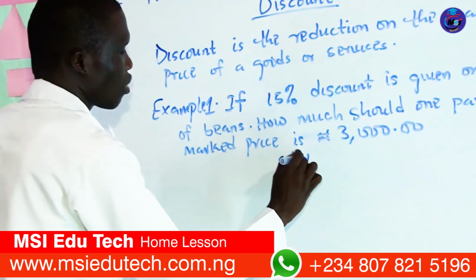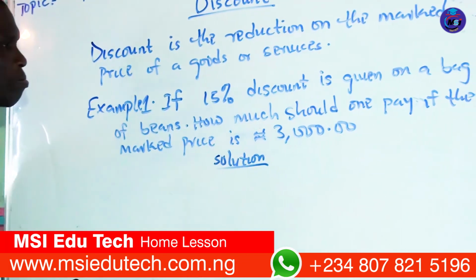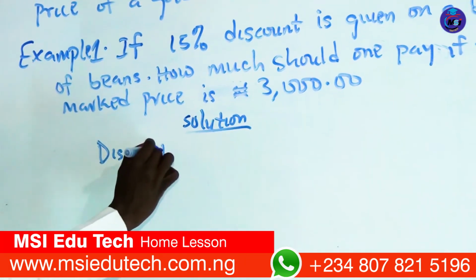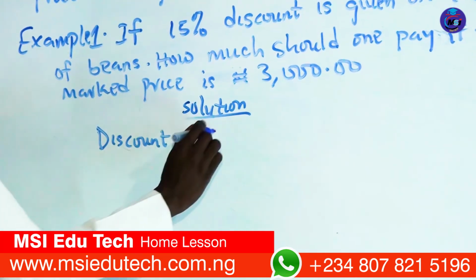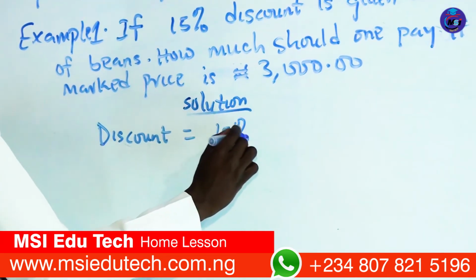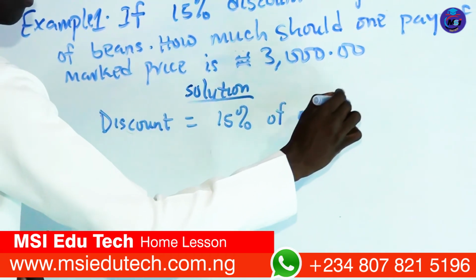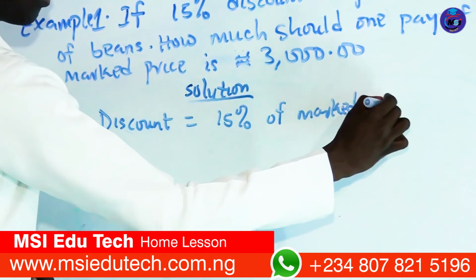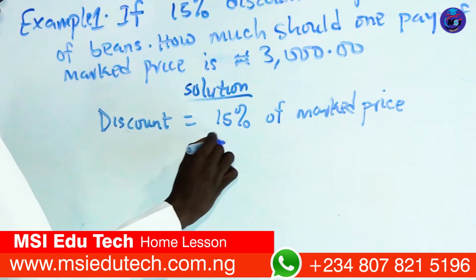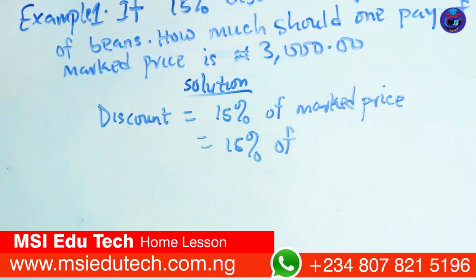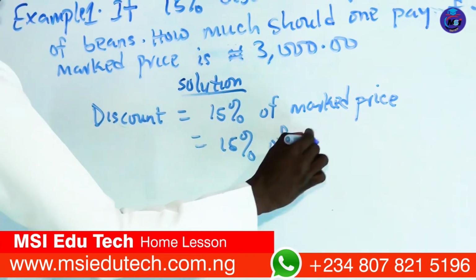Solution. Discount equals 15% of mark price. So 15% of, what's our mark price? 3,000 naira.